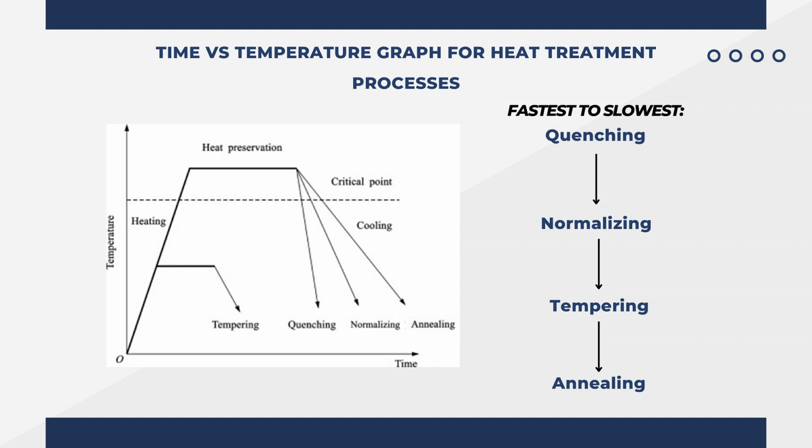Compare that to annealing, which has the slowest cooling rate. However, it results in a coarse perlite or ferrite, resulting in a very low hardness yet the highest ductility. In summary, in order to produce high hardness and low ductility materials, we use fast cooling, and in order to produce low hardness yet high ductility metals, we use slow cooling.